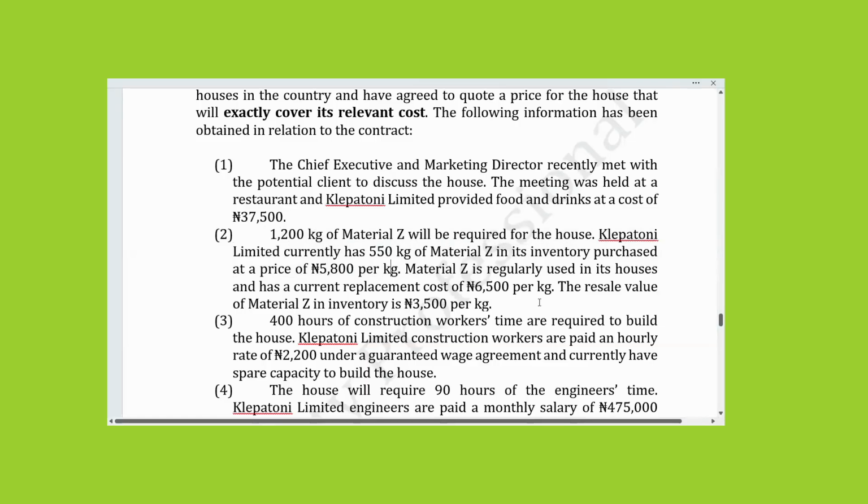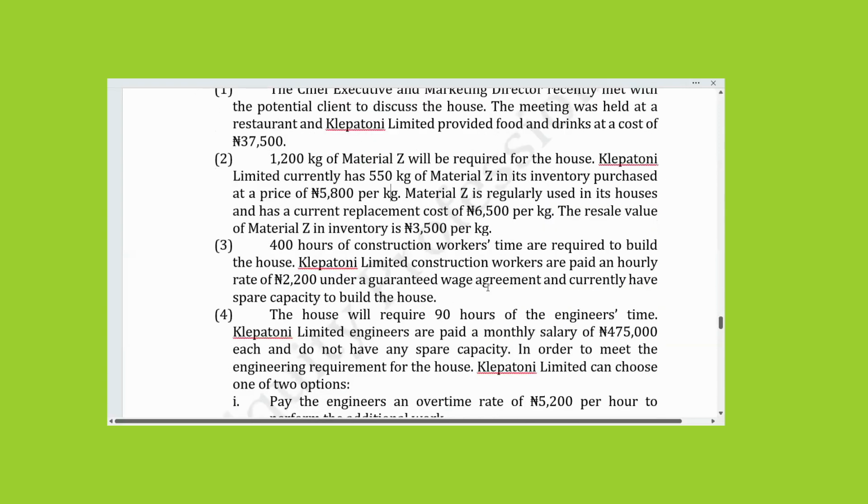Material Z is regularly used in its houses and has a current replacement cost of 6,500 naira per kilogram. The resale value of material Z in inventory is 3,500 naira per kilogram.